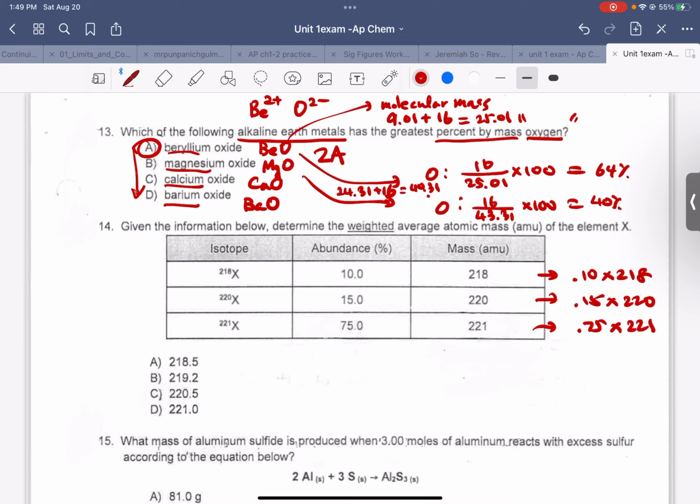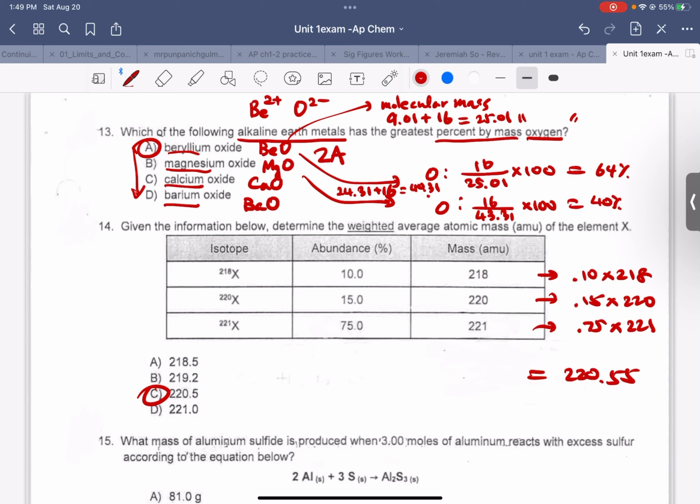When you add up, I got 220.55. So that's approximately C.